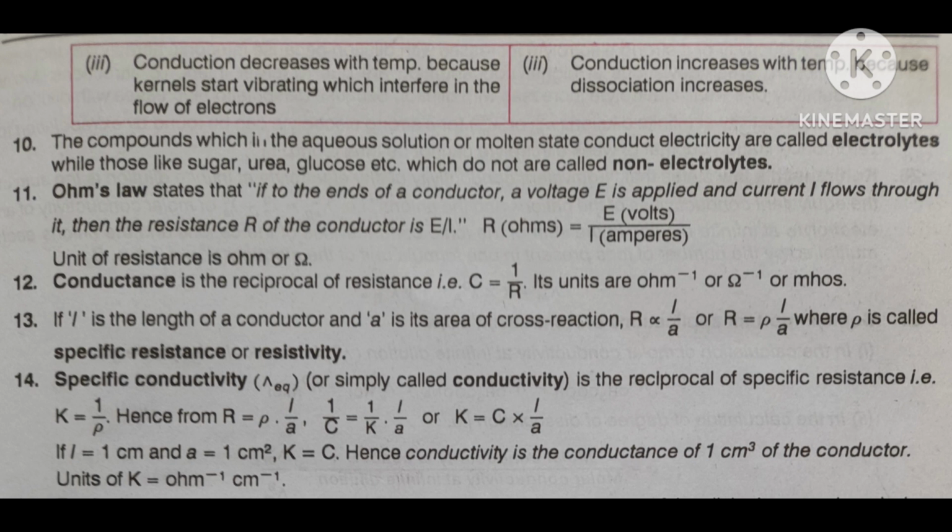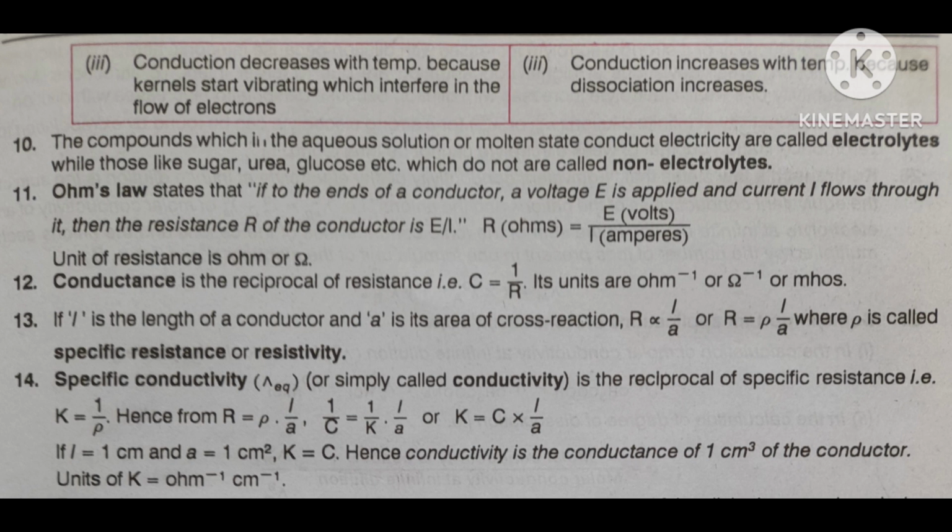Means these urea, glucose, sugar, they will not conduct electricity. These are called non-electrolytes because in solution they will not conduct electricity. The compounds which in the aqueous solution or molten state conduct electricity are called electrolytes.